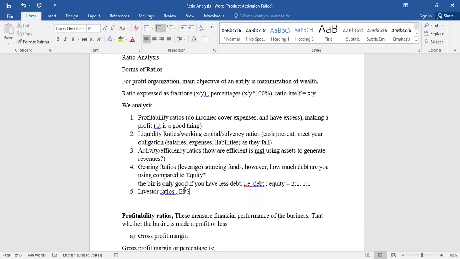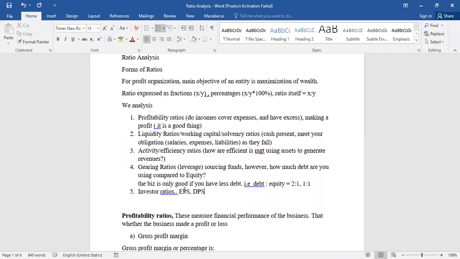If it is big, the investor sees the entity is doing very well, and potential investors can invest in your entity because your investor ratio is good. So the better the investor ratios, the more easily you can attract investment and the happier your shareholders are. I think another one could be dividend per share.